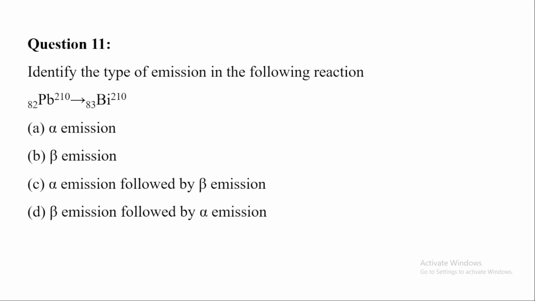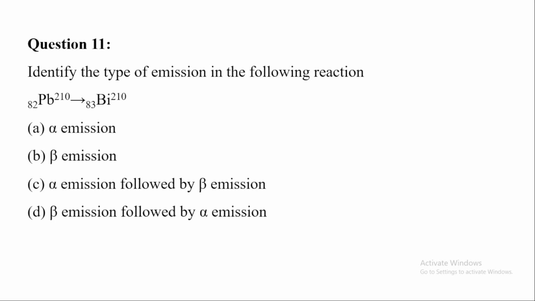So in a beta emission, what happens? Beta is similar to an electron. Once beta is emitted, an electron is emitted, and one positive charge will increase. What is positive in an atom? Electrons are the negative components, and the positive component is protons.